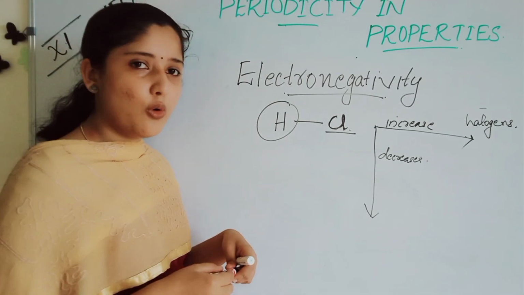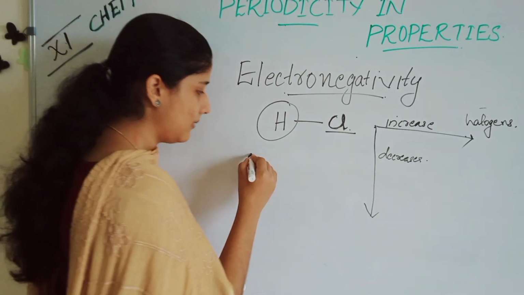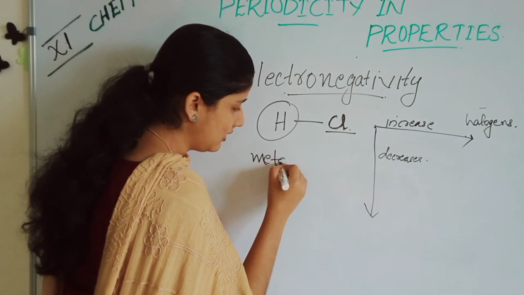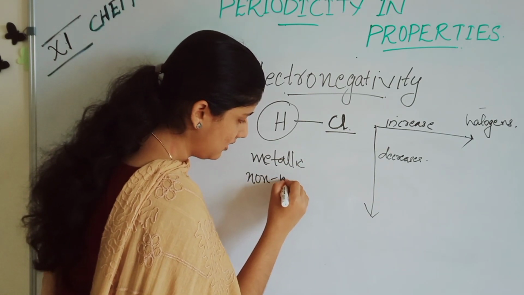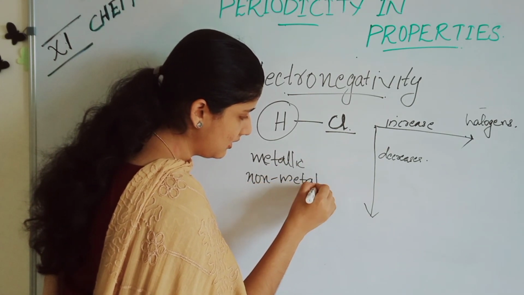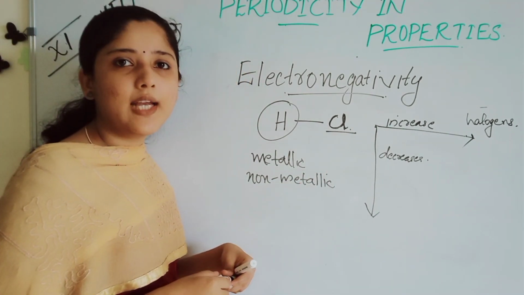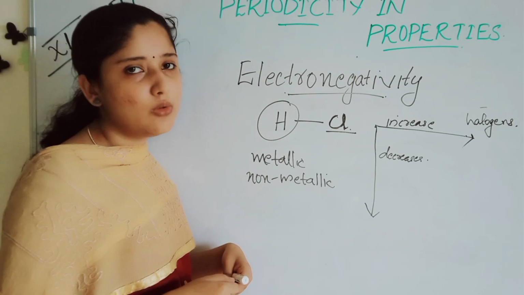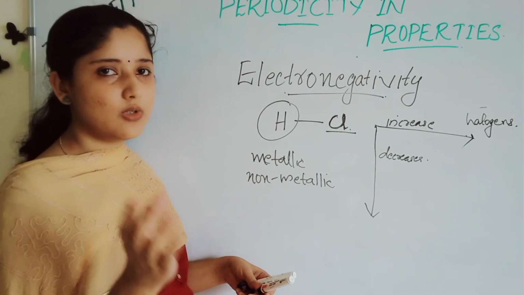Students, let us also correlate metallic and non-metallic character with electronegativity. Non-metals have a high tendency to attract electrons to themselves.